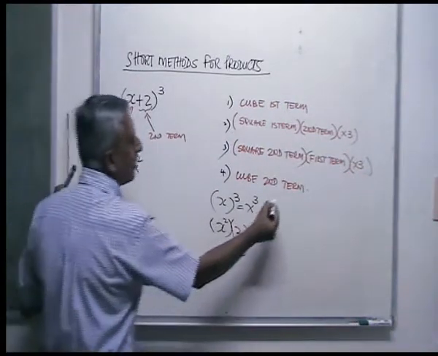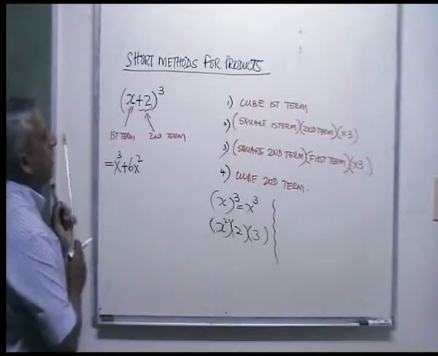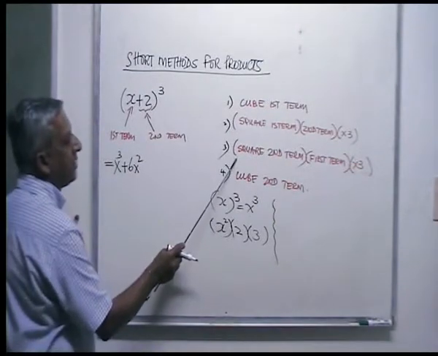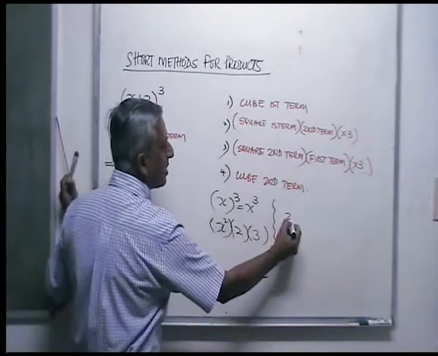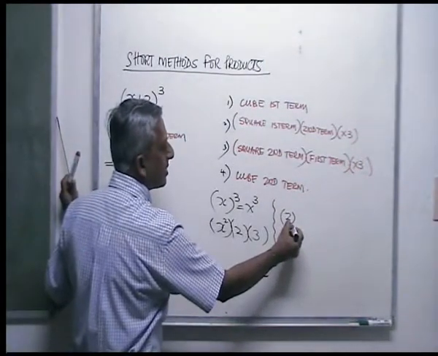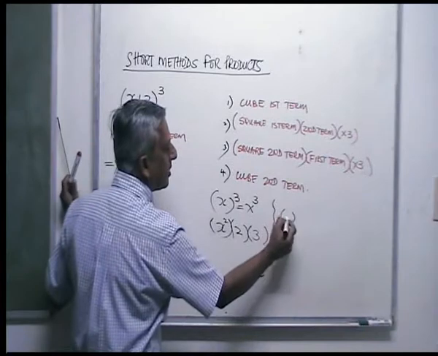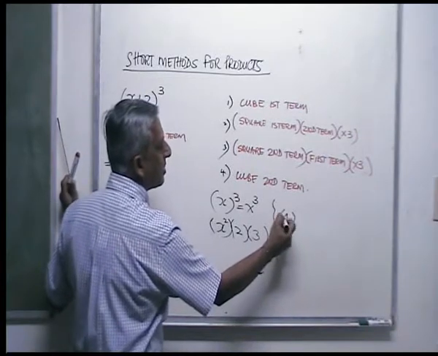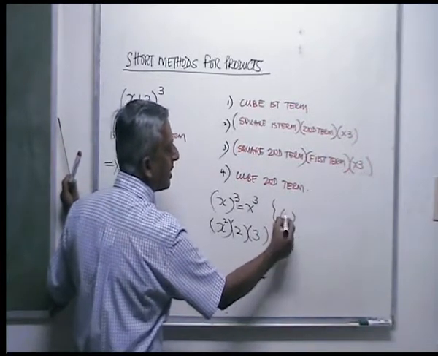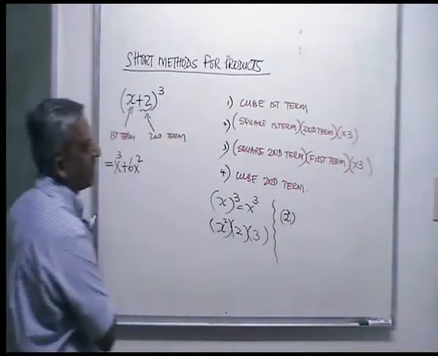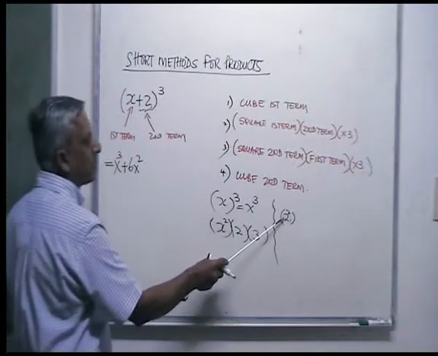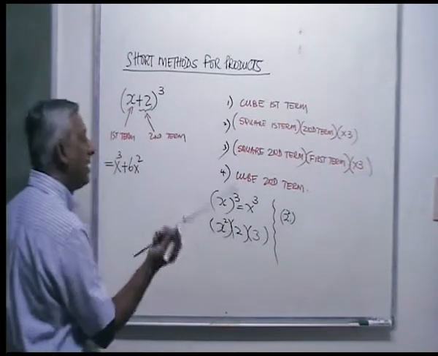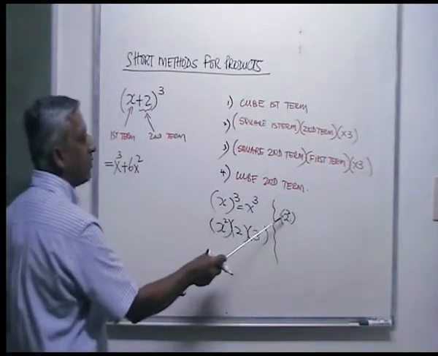Okay, now let's do the next part, step 3. What it says, square the second term. That means the second term is 2. If you square it, what will you get? You will get 4, because 2 squared is 4. Or let's write it like this, 2 squared. Square the second term. Now remember it's plus, so I wrote 2 squared. If it's minus, it doesn't make any difference. If you're squaring, it'll still be positive.